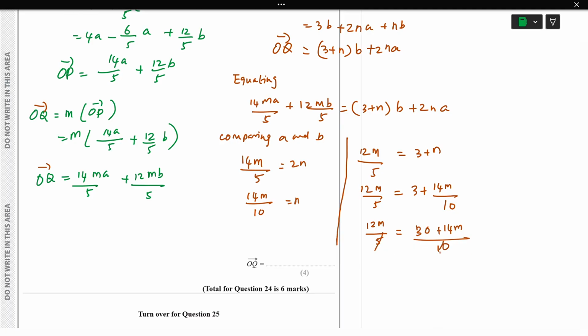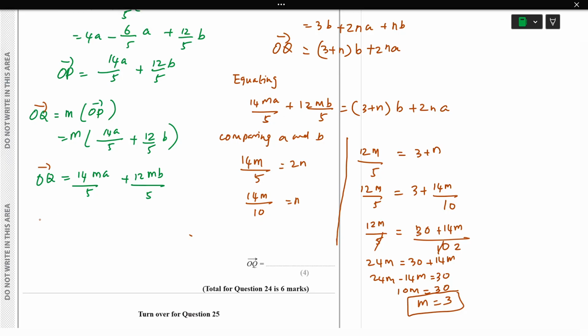So I can cancel this, and this is 2 times, so I'll bring the 2 here, which is 24M equals 30 plus 14M. Okay, so I'll bring M across: 24M minus 14M equals 30, which is 10M equals 30, M equals 3. So we got the ratio M equal to 3.